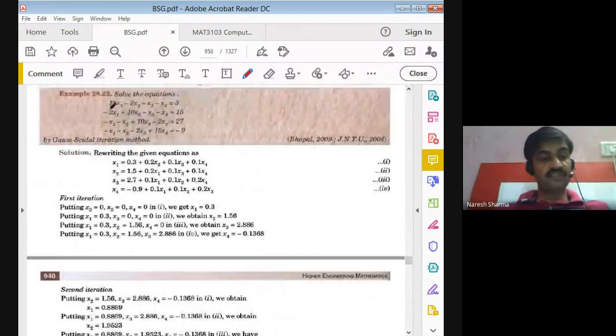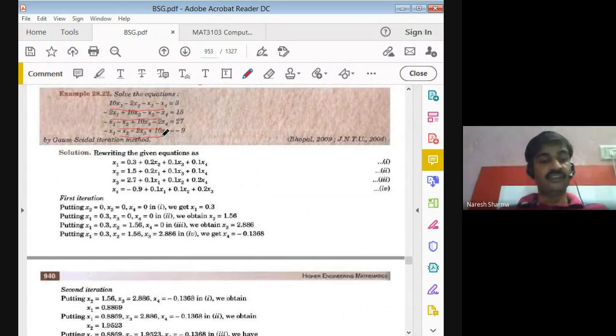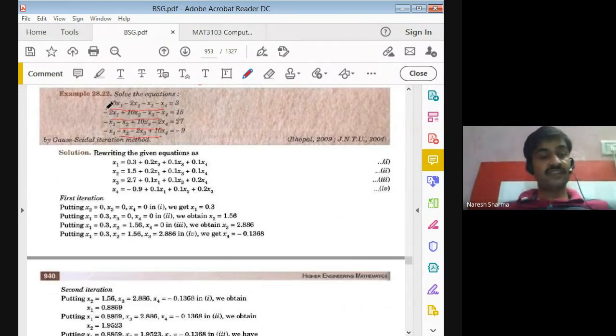You just need to check which coefficient of x is largest, similarly y, similarly z. Here it is x1, x2, x3 and x4. The coefficient here is maximum in x1, so this should be the first equation. Similarly, this should be second, this third, this fourth.